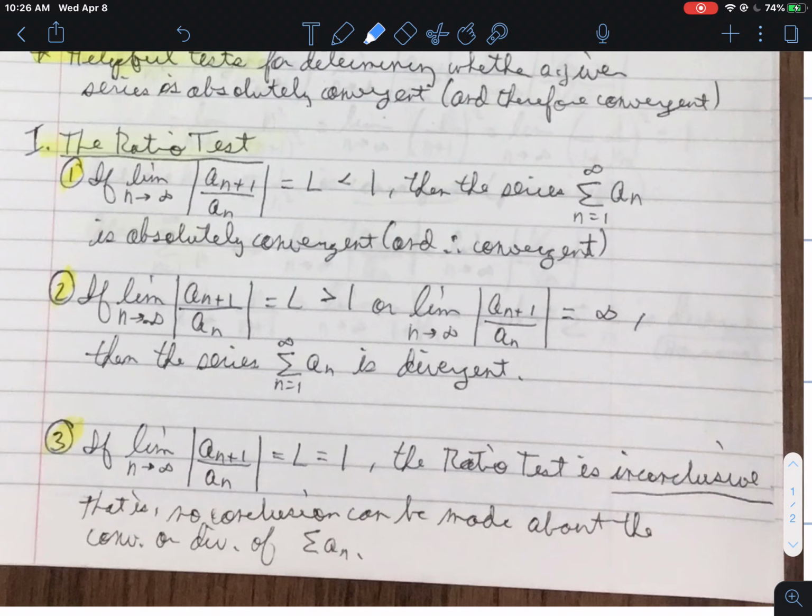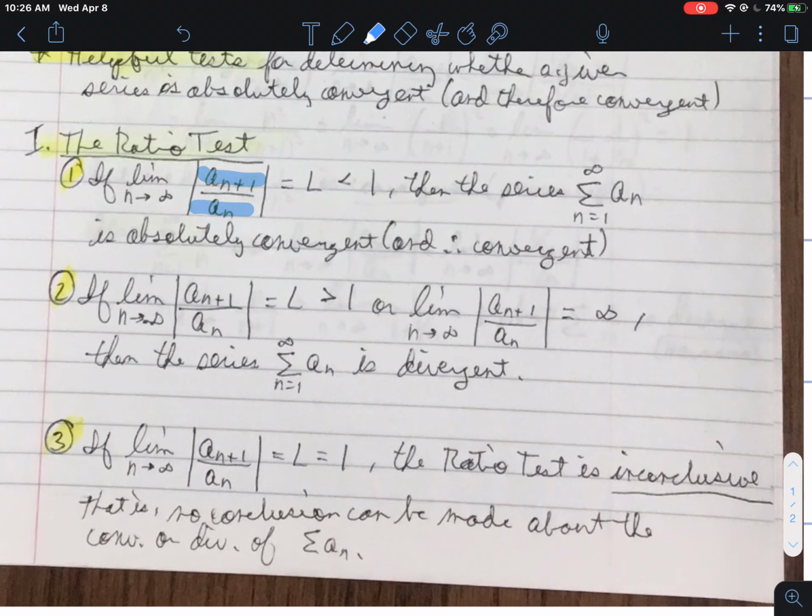If the limit as n approaches infinity of the absolute value of the ratio of a sub n plus 1 over a sub n is equal to some number L less than 1, then the series a sub n, the original series, is absolutely convergent and therefore convergent. Right? So what am I looking at? I'm looking at the ratio of the terms of my series and the next term of the series.